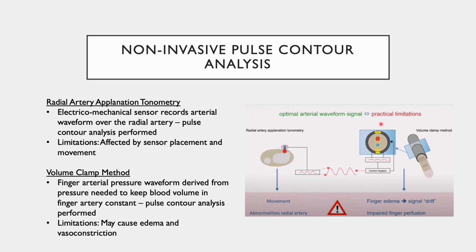Similar principles of pulse contour analysis then apply, with probably the added element of reduced reliability of these constructed waveforms when compared to invasive arterial catheter measurements. Hence, the limitations of pulse contour analysis apply, and there is the additional element of maybe a less reliable input value.